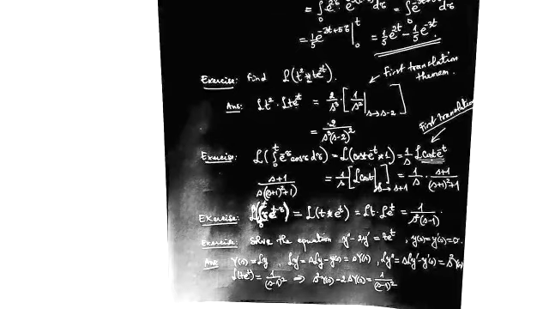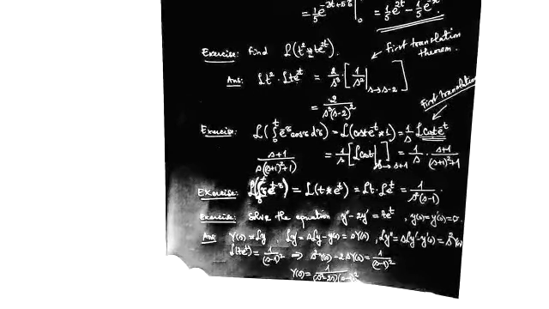So that's what the equation turns into, which you can solve for capital Y of S equals 1 over S squared minus 2S times S minus 1 squared. So this is the Laplace transform of the solution of this problem.